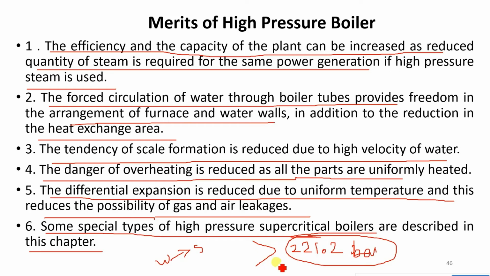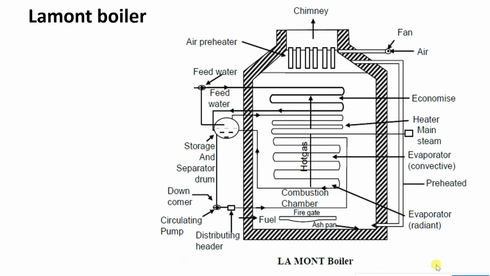But here, if the water is pressurized up to this pressure or above it, it converts from liquid phase to vapor phase without undergoing the boiling process. The power plants which work on this pressure are called critical power plants, and those working above this pressure are called supercritical power plants.